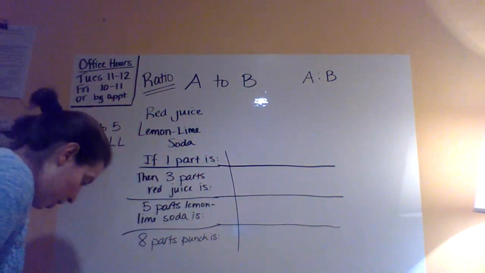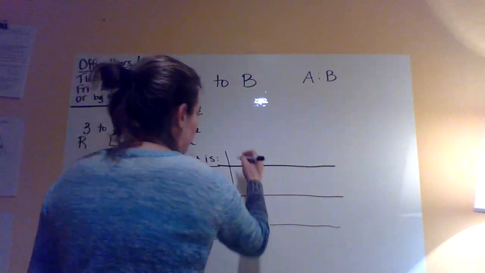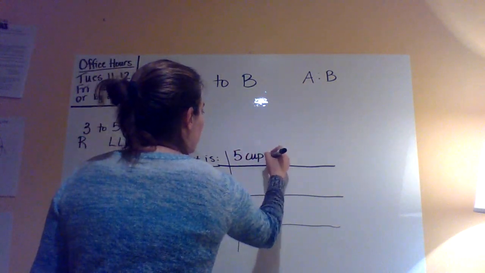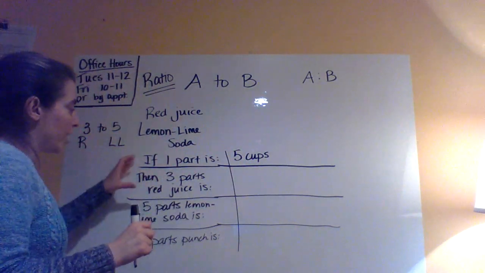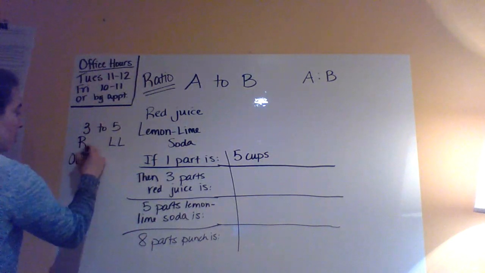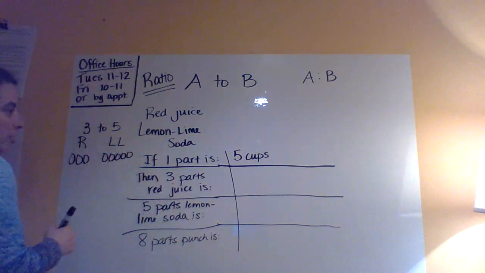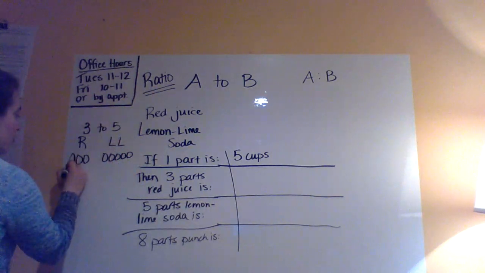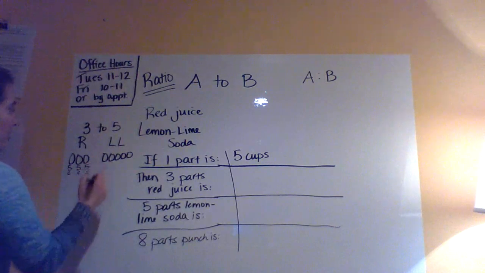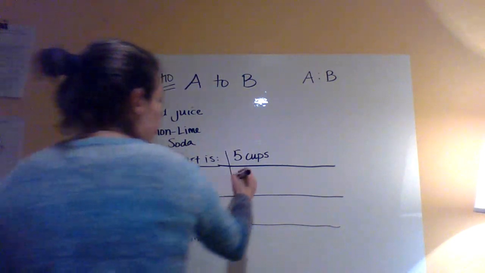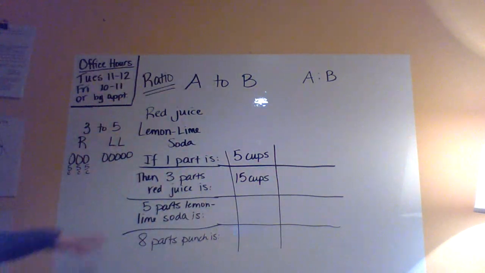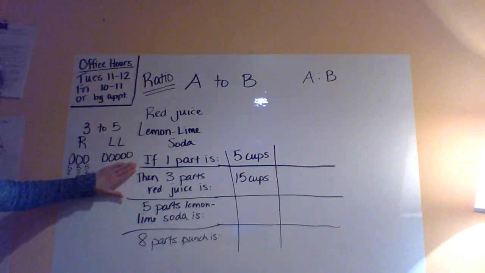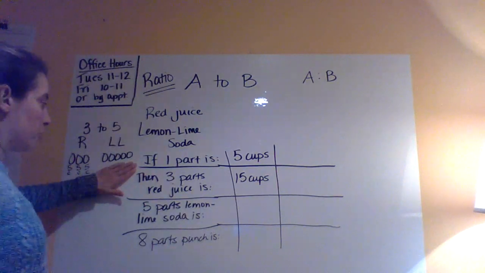So if one part of this is 5 cups, so our unit or our quantity is 5 cups, that's our one part. Well, we have 3 of those parts for red juice, and we have 5 of those parts for lemon lime soda. So if each of these is 5 cups, then altogether we have 15 cups of red juice, right? Each part is 5. We have 3 parts. That's 15. How about lemon lime soda? Think how much we have there. We have 25 cups.